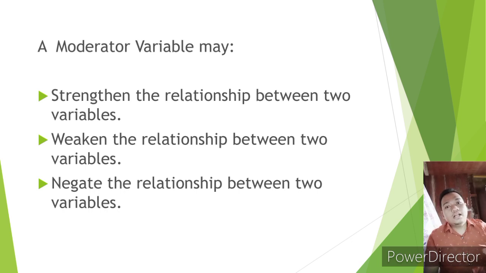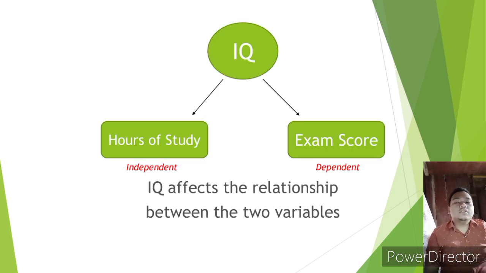Okay, I will show you some examples of moderator variable. First, our independent variable is the hours of study. The dependent variable is the exam score, because if the hours of study are more, the higher the exam score will be. If the hours of study are low, the exam score will be affected also.